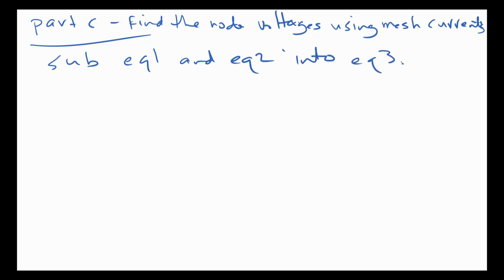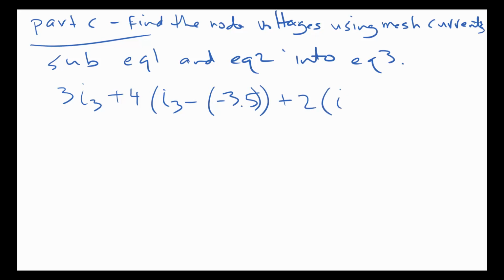And when we do that, we get 3I3 plus 4 times (I3 minus (minus 3.5)) plus 2 times (I3 minus 2) is equal to 0.